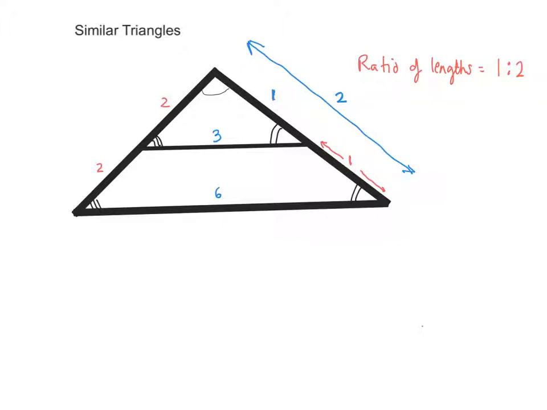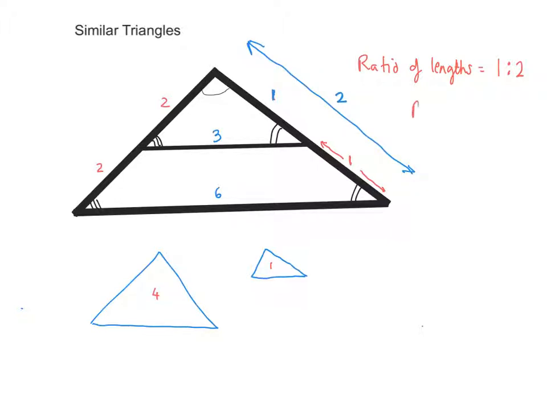Interestingly enough, the ratio of the two areas of the two triangles, so now if I was to draw the two triangles separately, I'll do them not quite as big. So you've got one triangle there and one triangle there. The ratio of the areas is actually 1 to 4. You square the numbers.